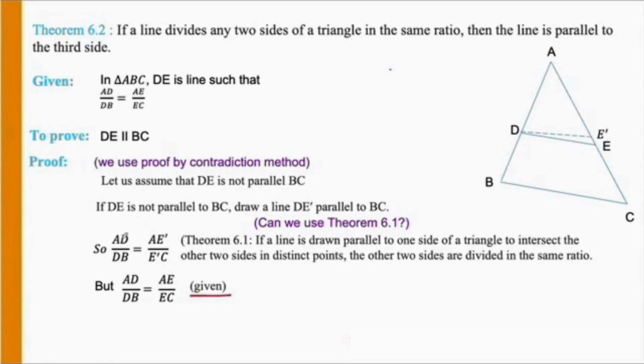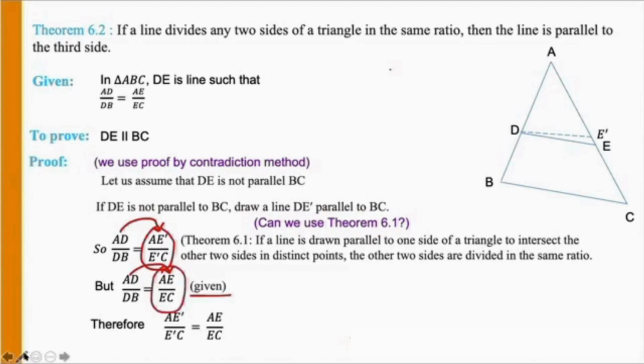It's given. So now we have two ratios which are equal to AD upon DB. And so since AD upon DB is equal to AE dash upon E dash C, and AD upon DB is also equal to AE upon EC, we conclude that these two ratios are also equal.